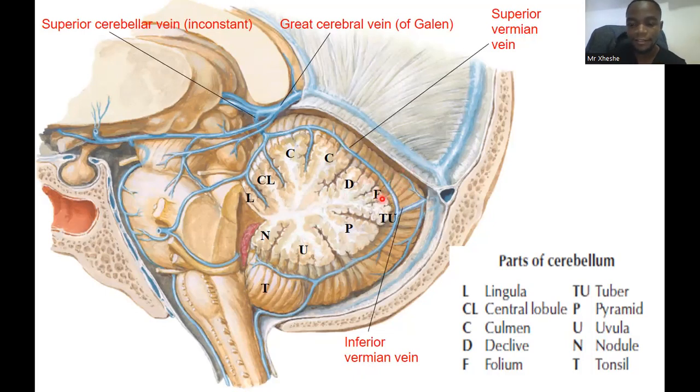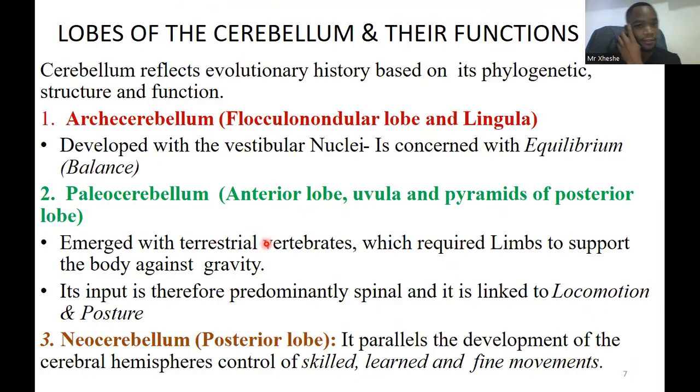For that, human beings have also compensated. So you find that when it comes to balance, we can't really match up with those organisms I've mentioned, because our parts that deal with balance are poorly developed. Okay, so you give something and take something. That's what happens in evolution. All right, so that is division of the cerebellum based on function.